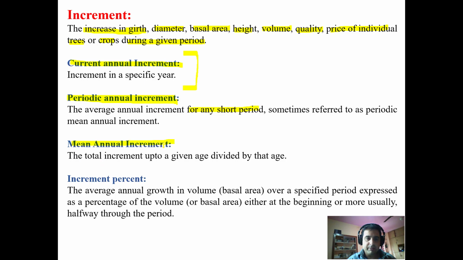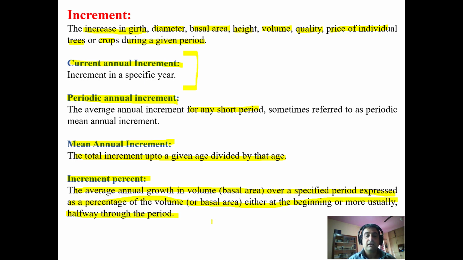Now, mean annual increment is the total increment up to a given age divided by that age. The same thing can be put in the form of percent, that is increment percent. It is the average annual growth in volume or basal area over a specified period, expressed as a percentage of volume or basal area either at the beginning or, more usually, halfway through the period.